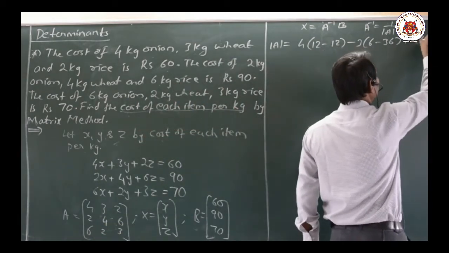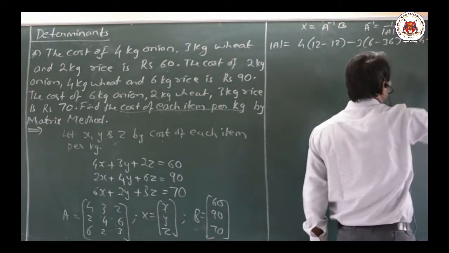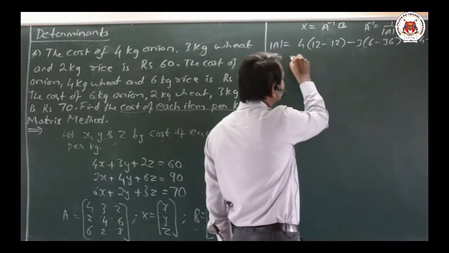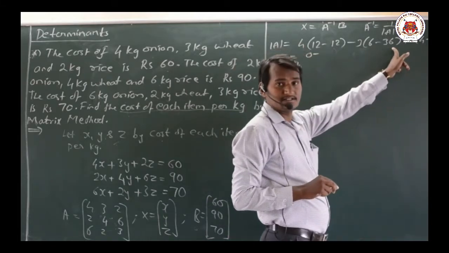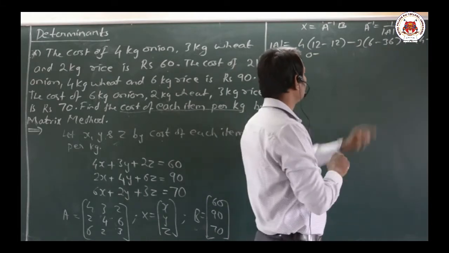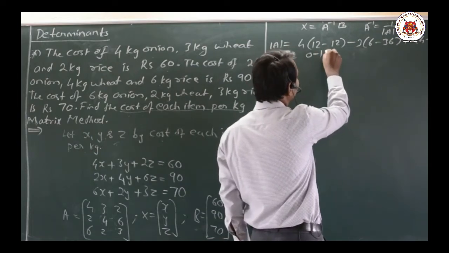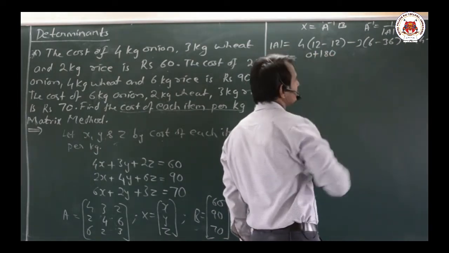The first term is 0, then minus 3 into minus 30, that is plus 90.